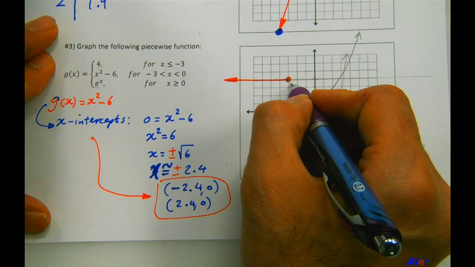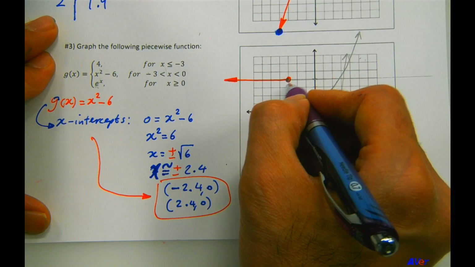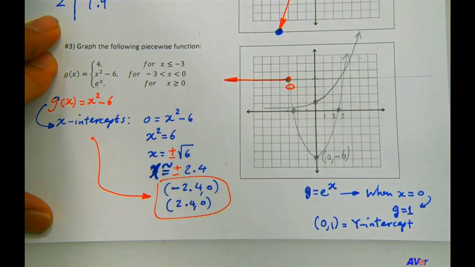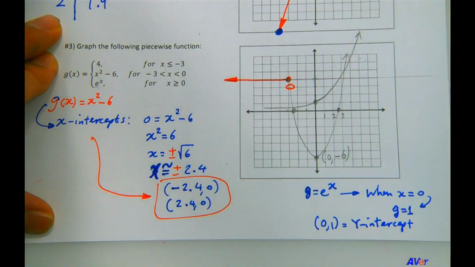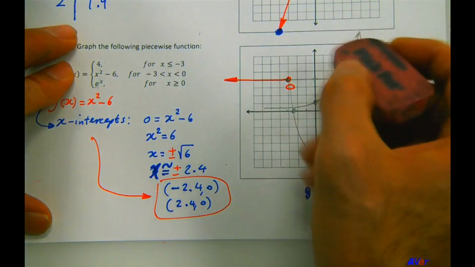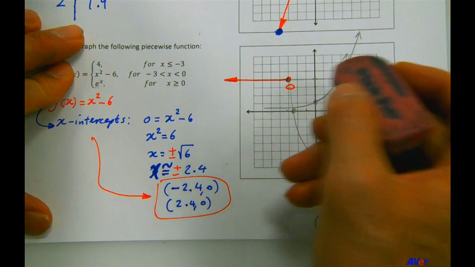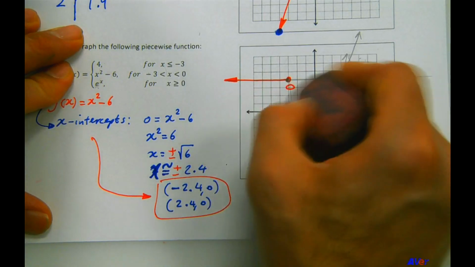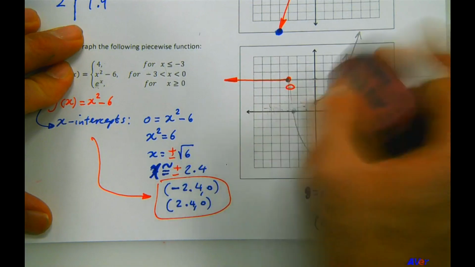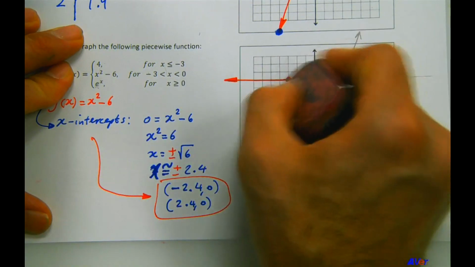So at -3, it's going to be a hollow circle, but then the function will be the quadratic function. So I need to erase this exponential function, e to the x, like that, and also those lines.